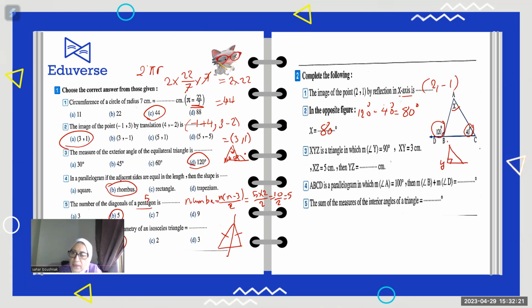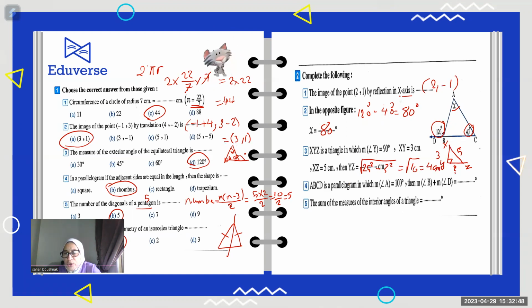This is Y, and this is X and Z. He tells me that XY is 3 and XZ is 5. Find the length of YZ. So the length of YZ equals the root of 5 squared minus 3 squared. I will get the root of 16, equal to 4 centimeters.